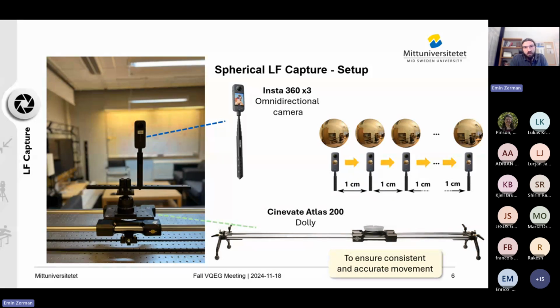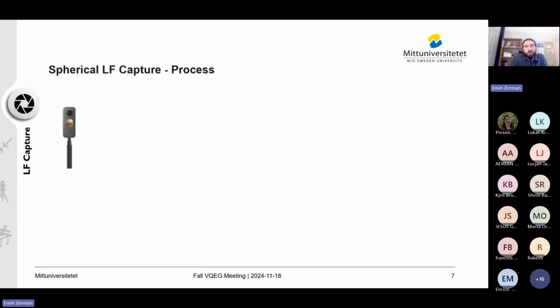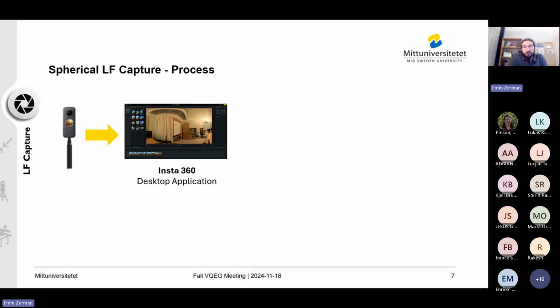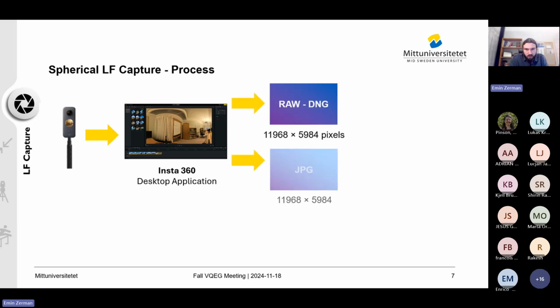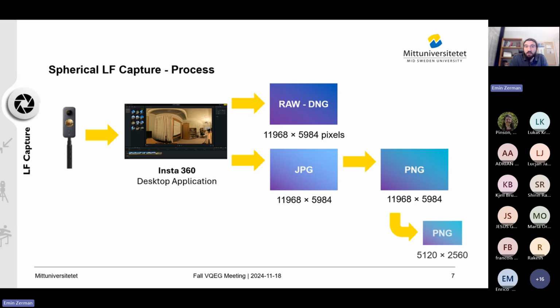That essentially created a 1-dimensional light field. Once we collected these images, we used the Insta360 desktop application, which gives us both raw images and also JPEG images.